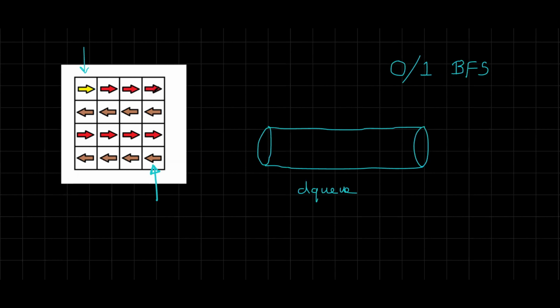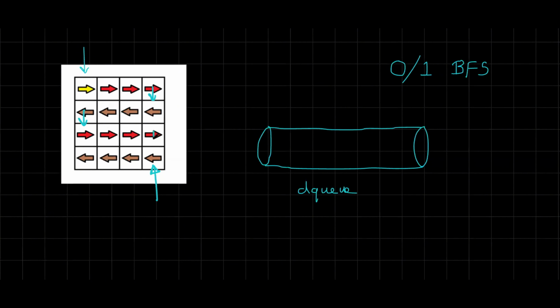Now, if we flip this direction to downwards, then we can go in these directions. Now again, if we flip this into downwards, we can go in this direction.